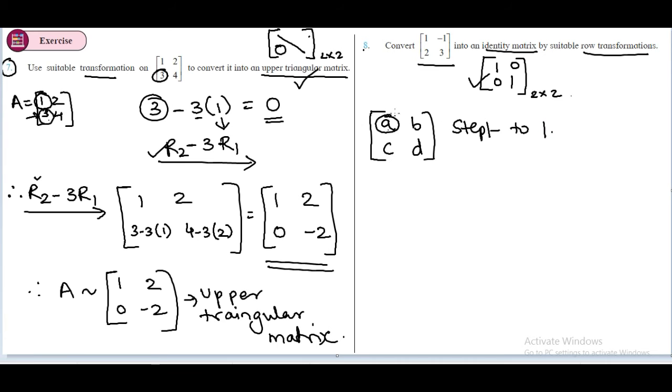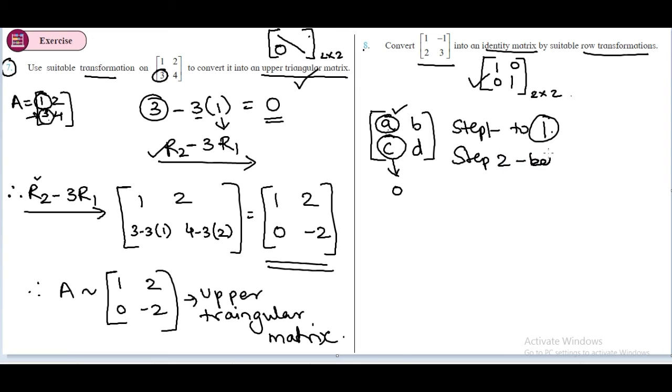Whatever element we have here, we'll convert it to 1. After that, whatever element is below that 1, we will make it 0. That will be step 2.